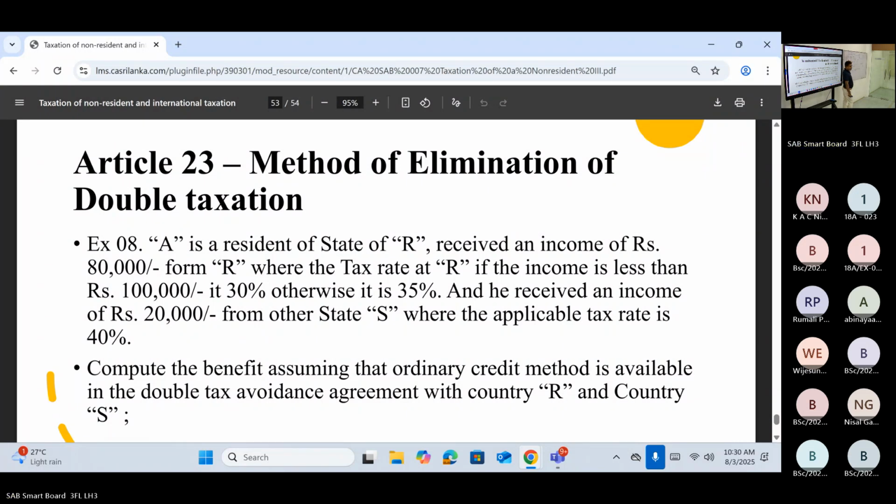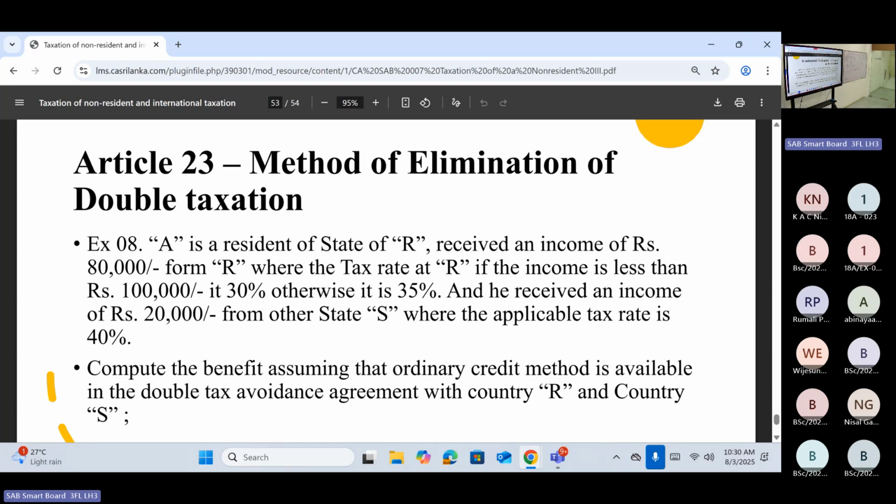Simply, what we have done is, he has paid 20,000 on that, at 35%, 7,000 is what we allow. We are not losing. Losing means there won't be any liquidity issues to the country. Right?